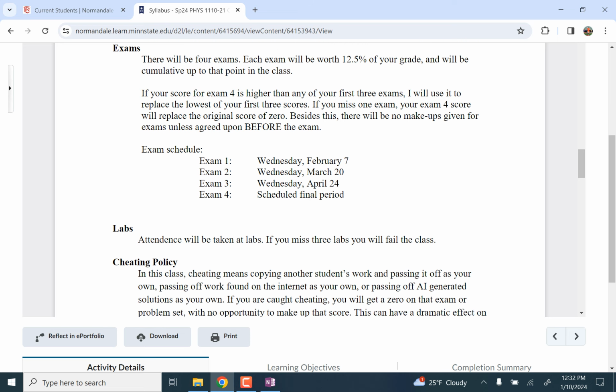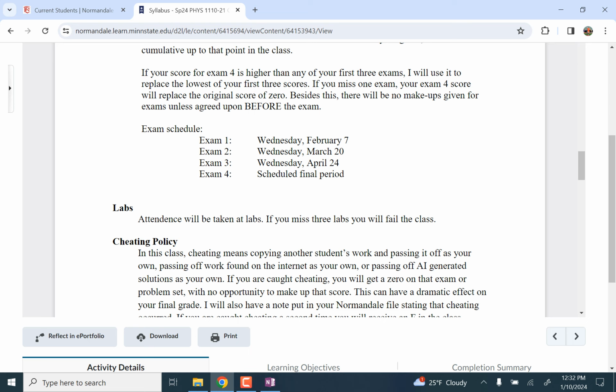I have one way to give you a mulligan on this stuff if you have one bad exam. If your fourth exam, your last exam, is higher than any of your first three, your exam 4 will replace your lowest score of the first three. So say that you got a 90 on exams 1, 3, and 4, but you got a 30 on exam 2.